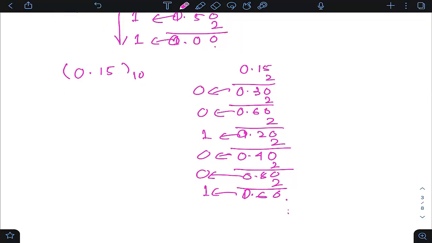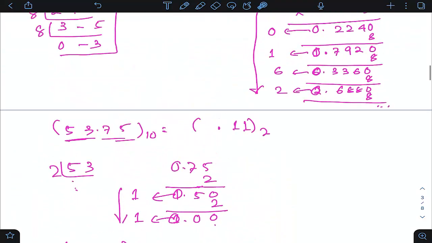For this 0.15, you may say the answer is 0.001001 and so on and so forth. This is a non-ending series because we are not going to get 0.00 anywhere by observing this pattern. So the exact binary equivalent of this number we cannot tell. That's why it is popularly said that it is always possible to convert an integer part, but it may not always be possible to convert a fractional part.